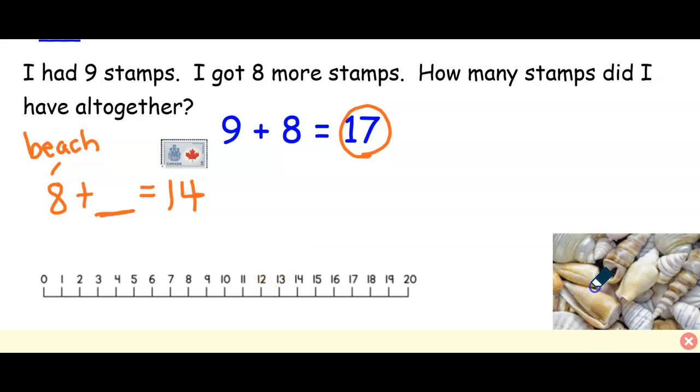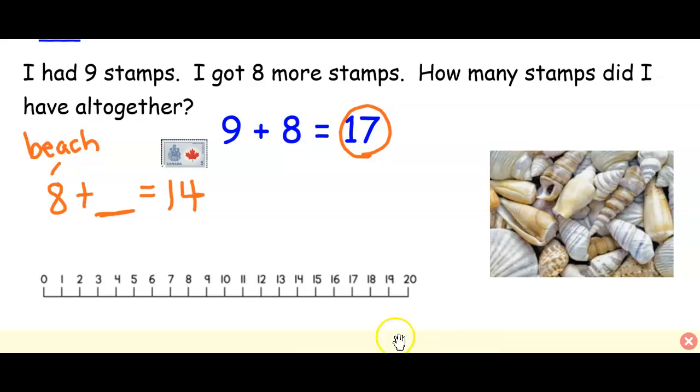So my shells are down here. We'll move them up because they're pretty. And this time, I'm going to solve this problem using a number line. So we know we have 8 children on the beach, and we know we have 14 altogether. So let's count.